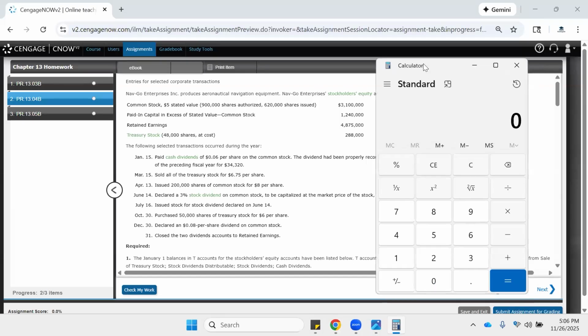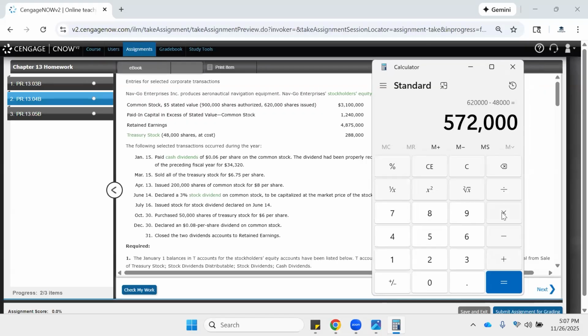But if it didn't, how we would calculate this $34,320 is by taking the 620,000 shares issued, subtract the 48,000 shares of treasury stock, which we're going to assume was bought back before the dividend record date, and multiply it by 6 cents per share. That's the per share amount.